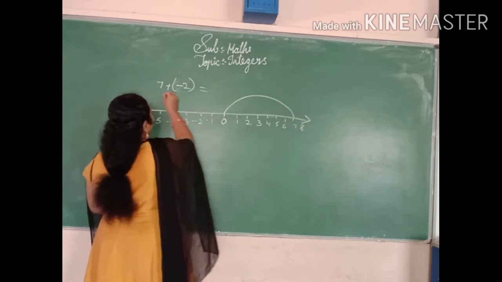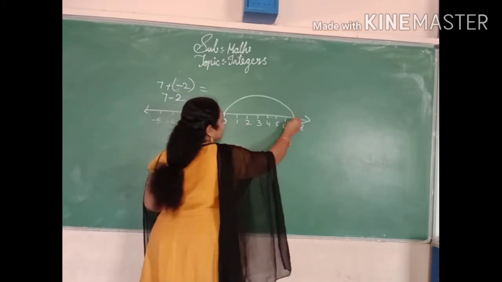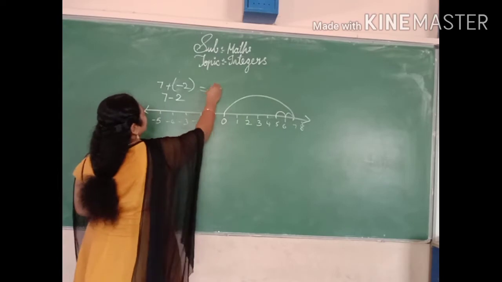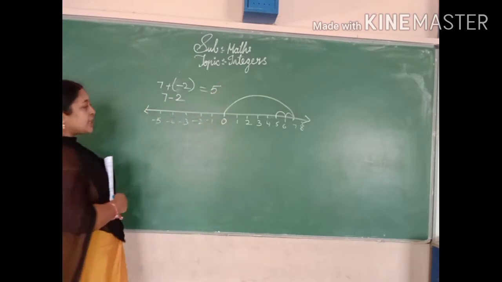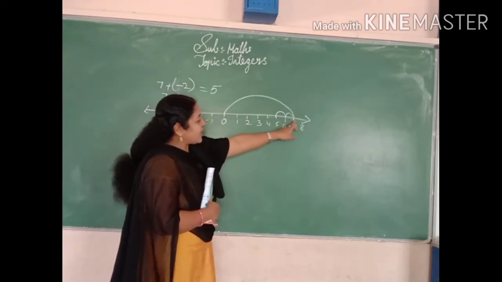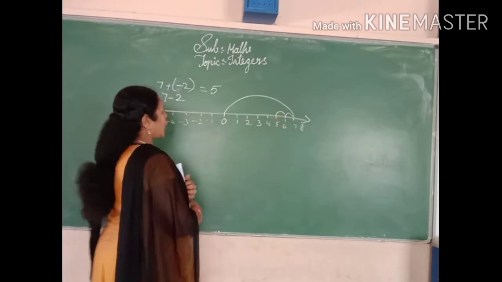That means we are doing 7 minus 2. So we come 1, 2 back. Here our answer will be 5. Hope you are able to look at the number line and understand this. We go to 7 and we have to come back in the reverse order.